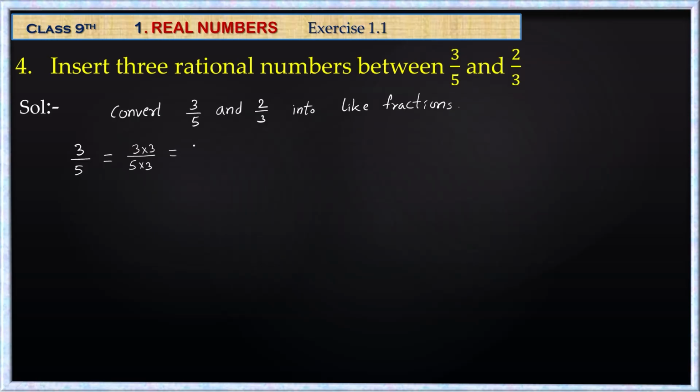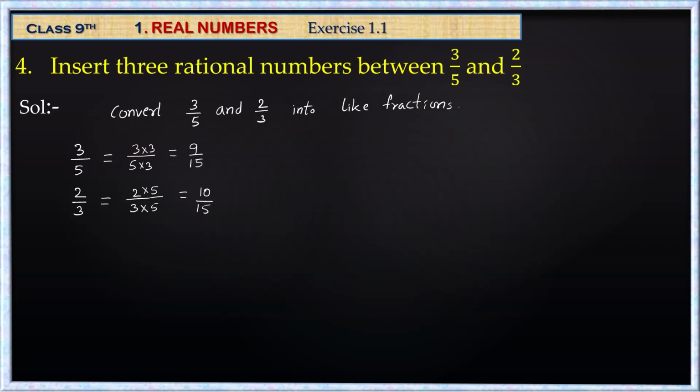We will get 9 by 15. And also 2 by 3 can be expressed as, to make the denominator 3 equal to 15, multiply it with 5 and also multiply the numerator with 5. We will get 10 by 15.